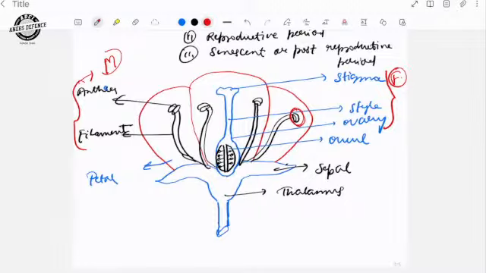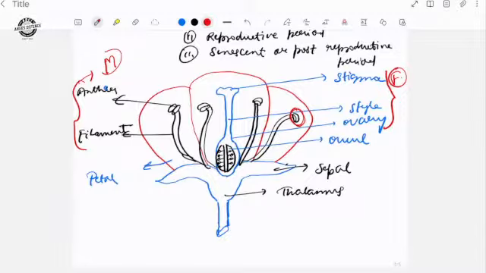Understood? And inside the female ovary, the production of the egg, inside the ovule. Inside that ovule only, the formation of the egg occurs, and that egg is considered the female gamete.